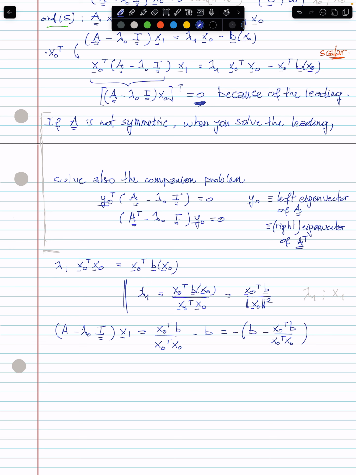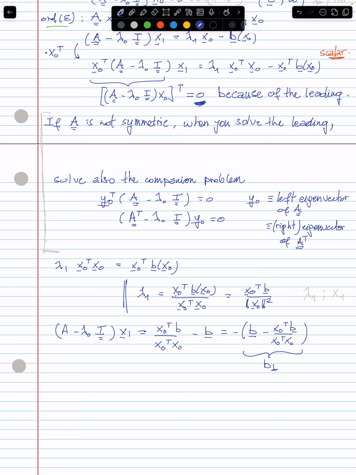And you see here that you subtract from vector b its projection along x0, right? Because the second term in the parenthesis here is a projection of b on x0. And so what remains is just the perpendicular component of b after having subtracted the projection along x0.